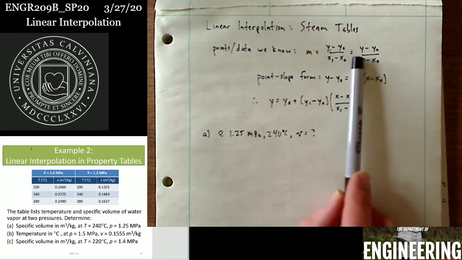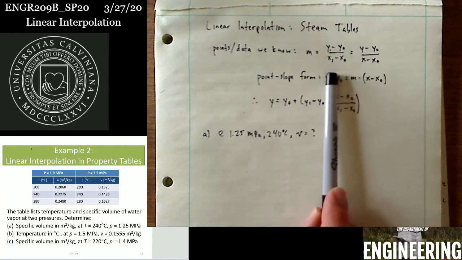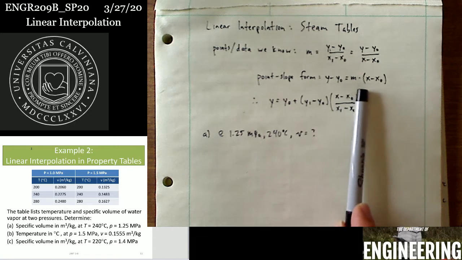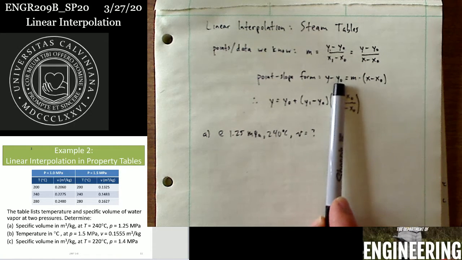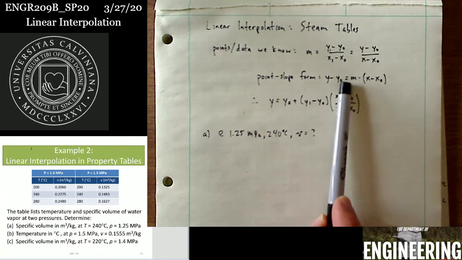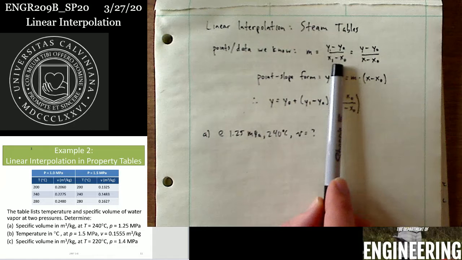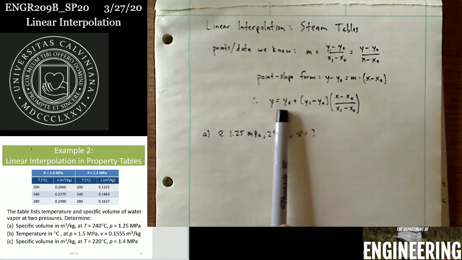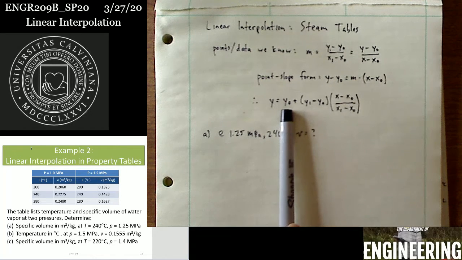So if we take this format and think about our point slope format, we have y, x, some introductory point here, and then our slope. So the slope, again, is calculated by taking those 2 points, forming a line between them. And then when we combine these two forms, we have y equals y0.